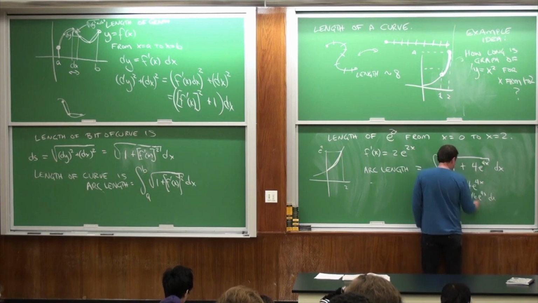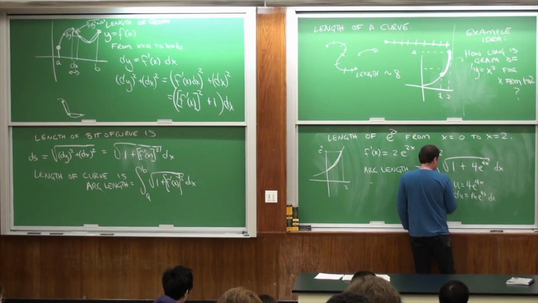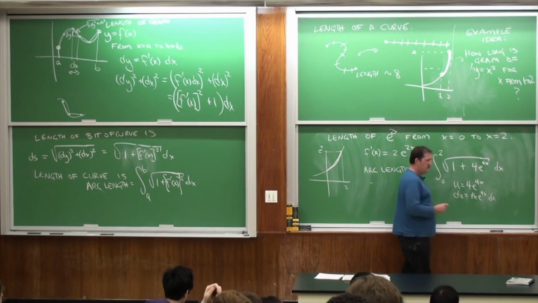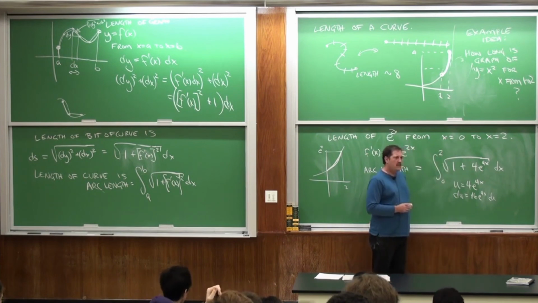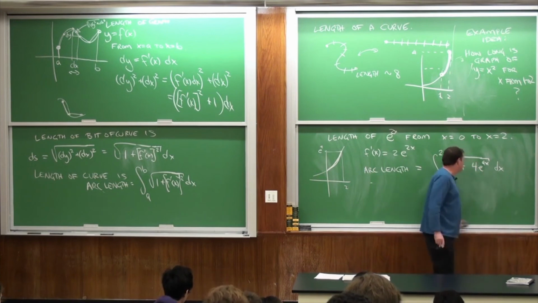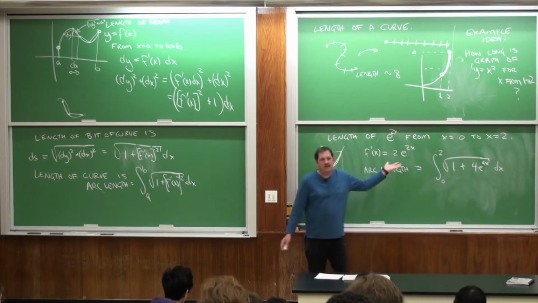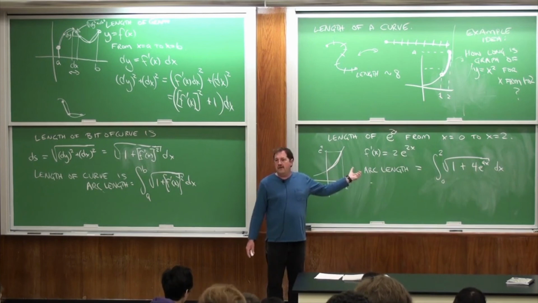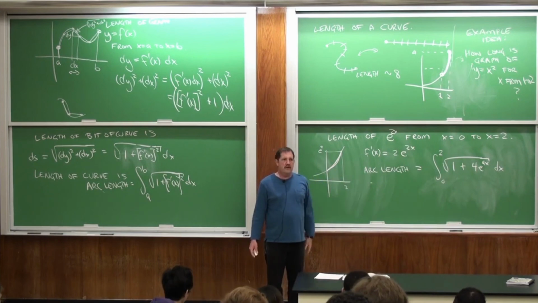No, I can't do this one anymore. Square root of e to the u over u. I don't think I do. Doesn't help. So this is one. It's just ugly. So now if you want to know this number, you can use Simpson's rule or something like that.